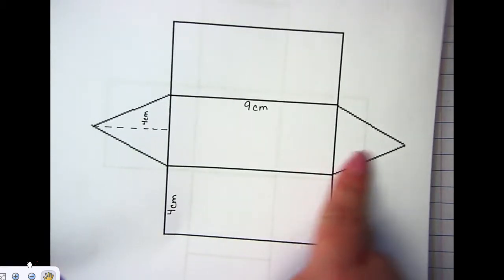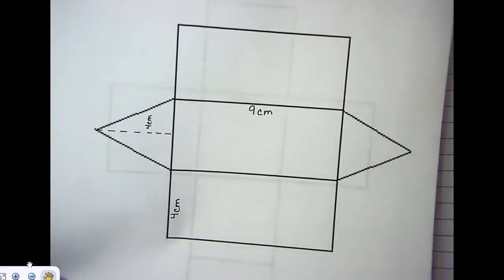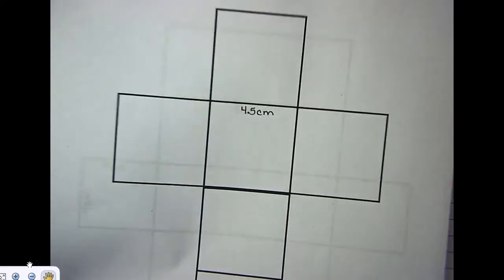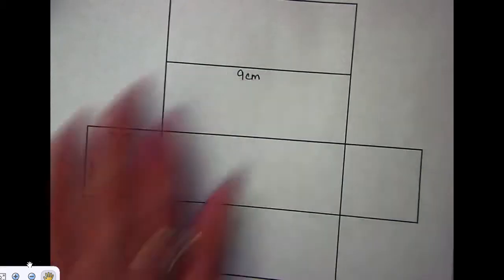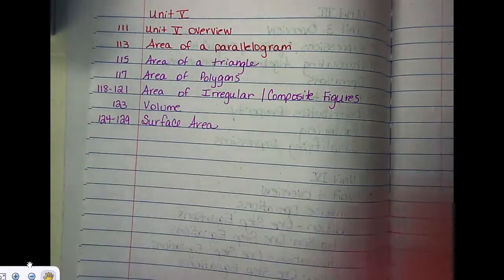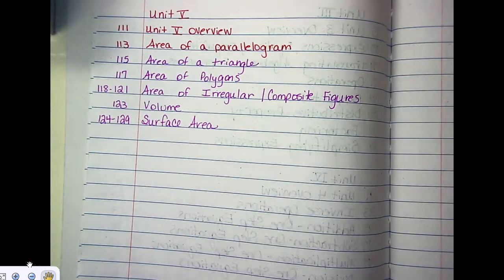And we'll go ahead and get those glued on today. And then if we don't get all the notes done, at least they'll be in our journal. So cut out that one. Cut them out as one solid net piece. And then once you have your table of content up to date and you have these cut out, then we'll go on. If you were absent yesterday, you need to get the notes from yesterday and watch the video from yesterday's lesson.